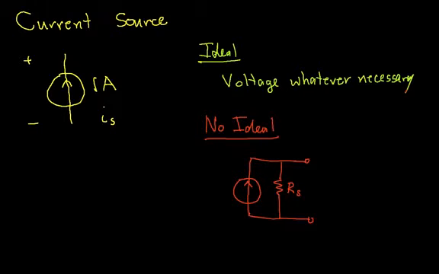Okay, one last topic and then we're done with this video. You'll notice that I've been representing current sources with circles. When I had voltage sources, I represented them with circles. The circle implies an independent source.